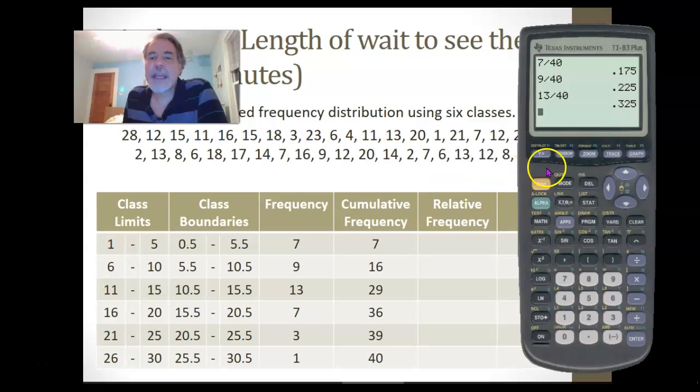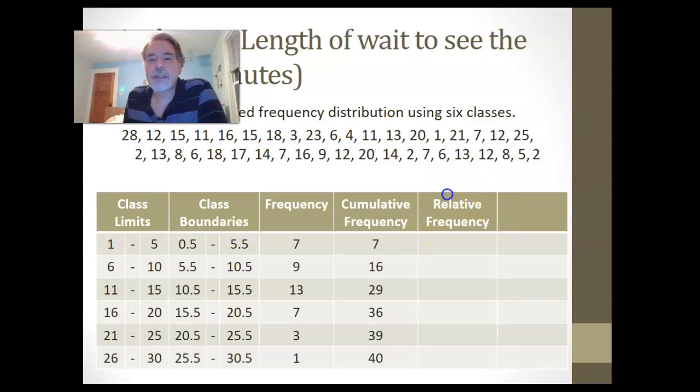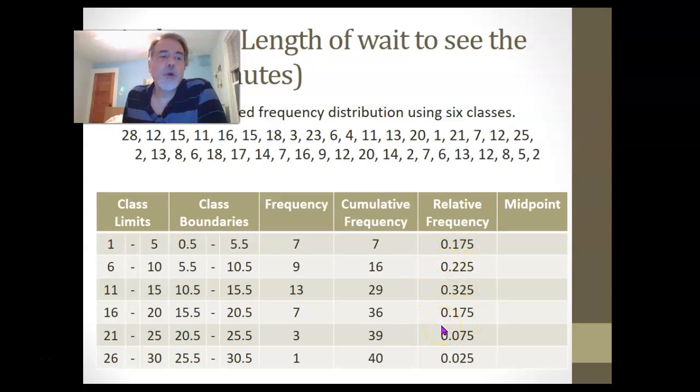So that's how I get the relative frequencies. 0.175, 0.225, and so on. And here I've chosen to write them as decimals, but you could also decide to write them as percents.